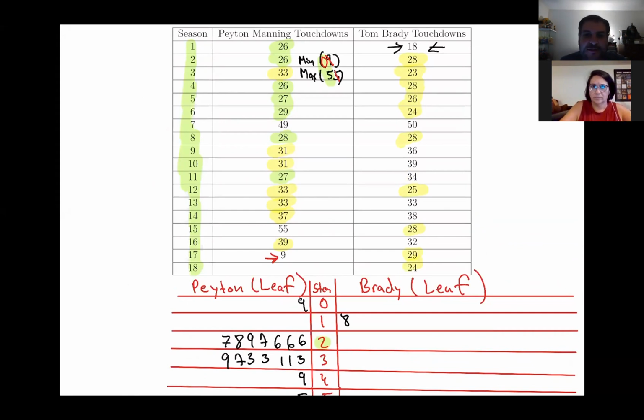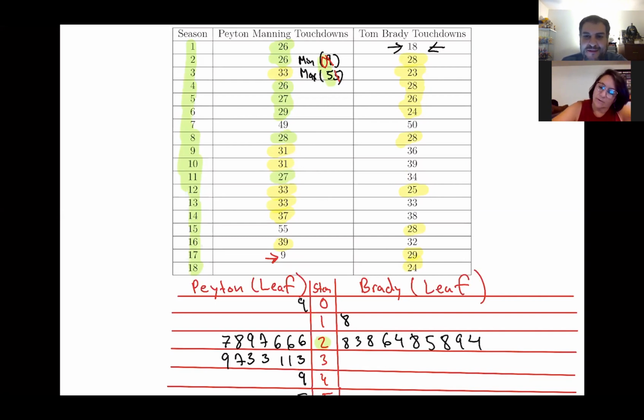Cool. All right, so those are all of the seasons where he threw in the 20s. So I'm going to go ahead and write those down. So we'll say 8, 3, 8, 6, 4, 8, 5, 8, 9, 4. All right. So those are the 20s.